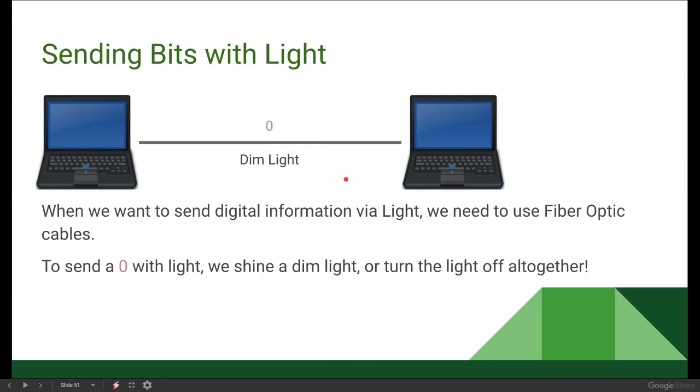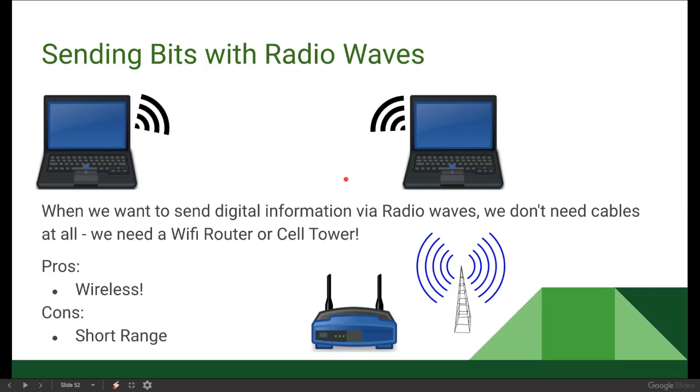Our third method for sending digital data is with radio waves. This is how a lot of us are going to be connected to the internet, via Wi-Fi or via a cell tower. The pro to this is that it's completely wireless. We do not need to plug anything into our computer or our phone in order to be connected to the internet.